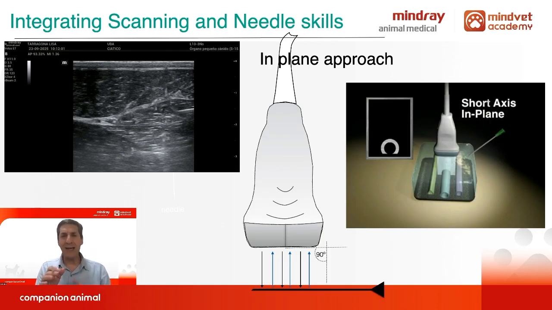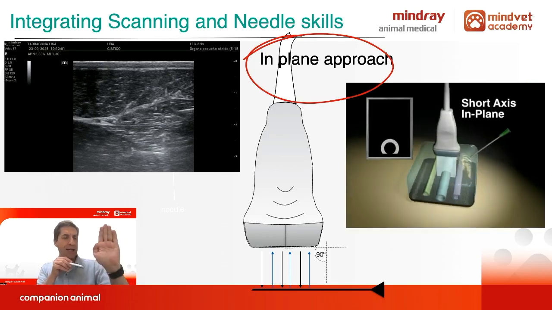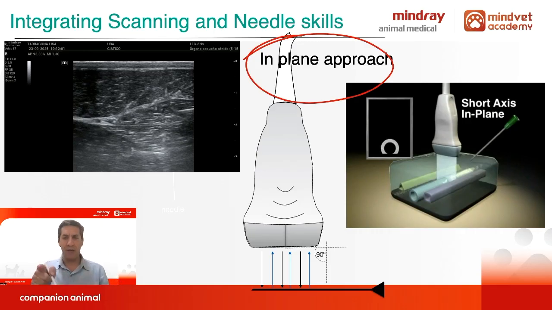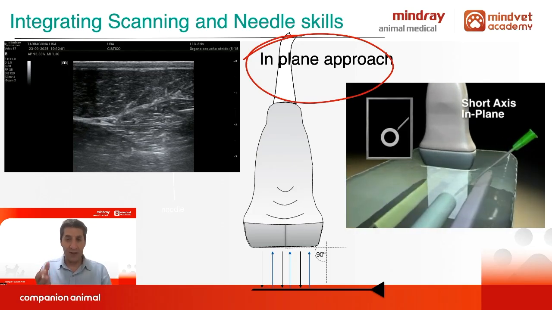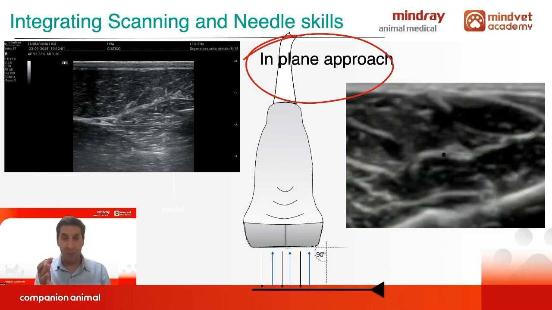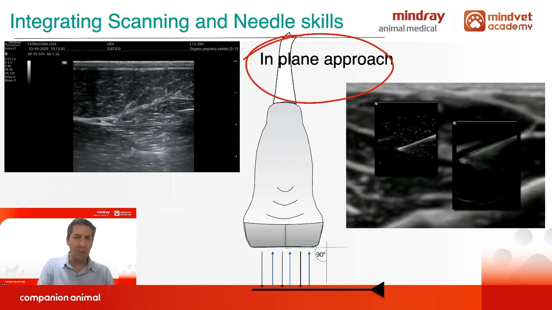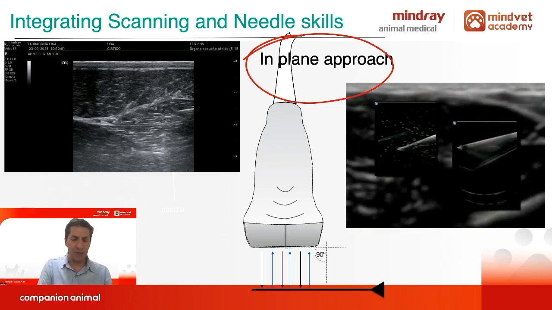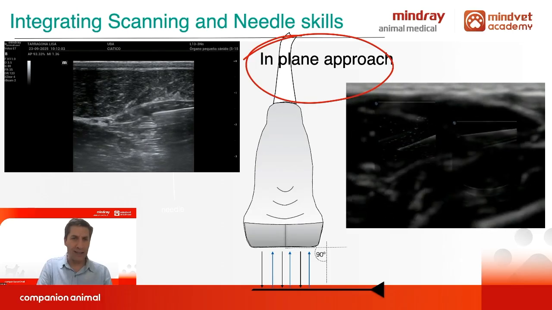We have different types of approaches or needle handling. The most common is the in-plane approach. That means we enter parallel to the ultrasound beam, as we can see in the field. With this in-plane approach, we will be able to see the needle all along its walk.